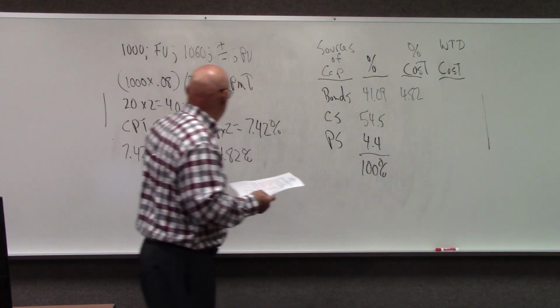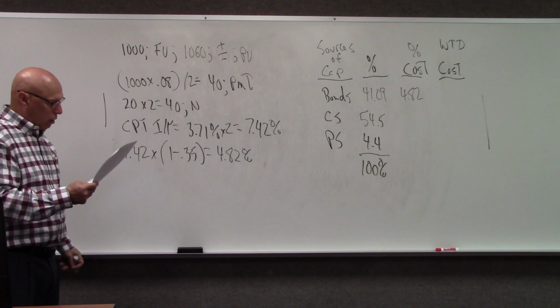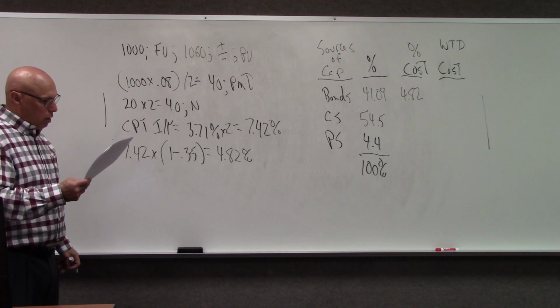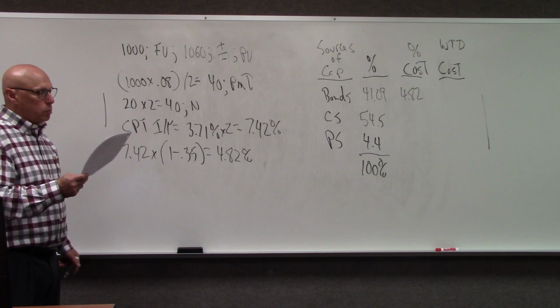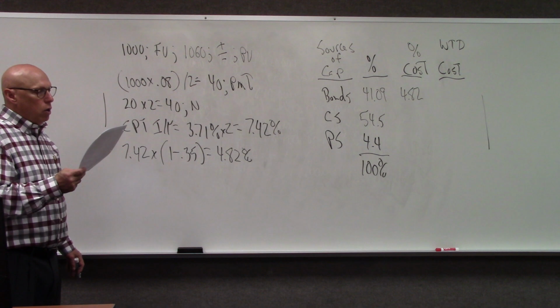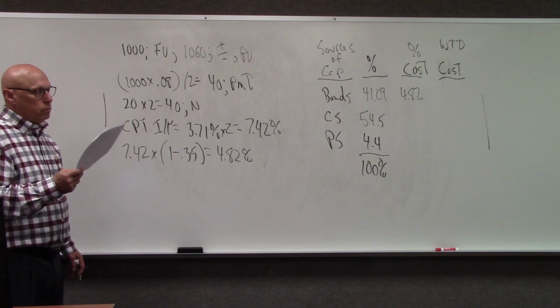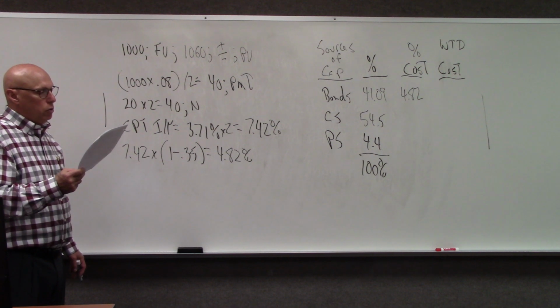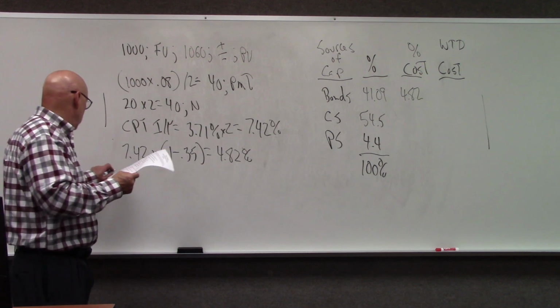Okay? Now let's find the cost of common stock. As you could tell in the description of common stock, we have P0 and we have a beta of 1.2. We have an expected return for the market and the Treasury bill. So we're going to do a CAPM.